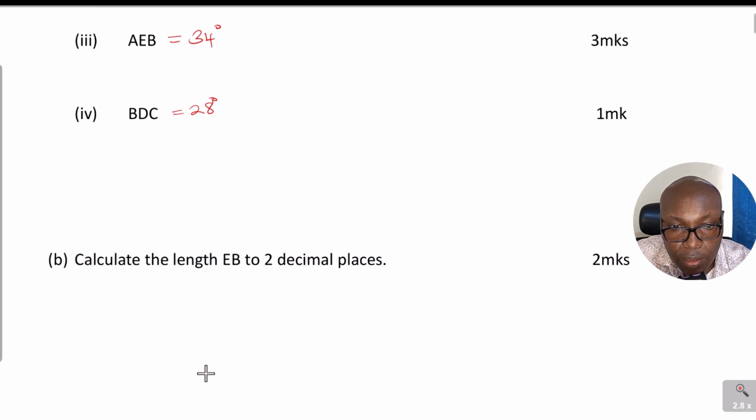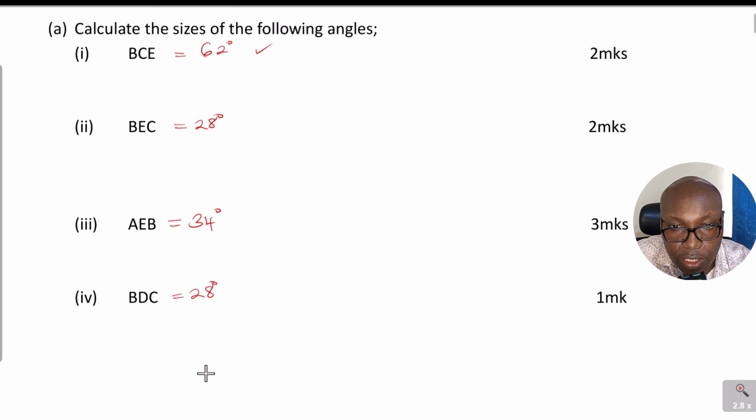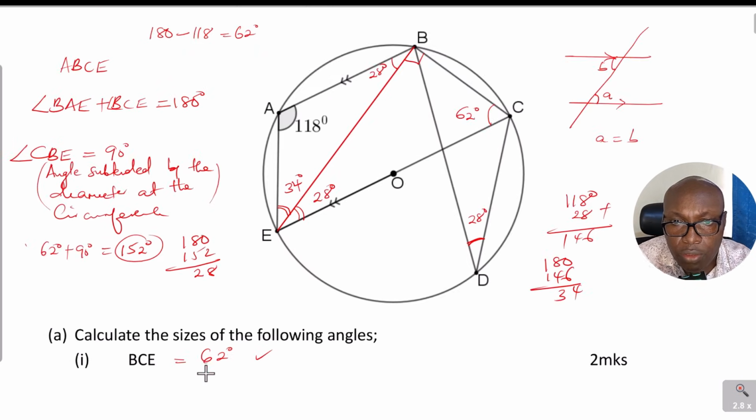Calculate the length EB correct to 2 decimal places. So look at EB. When you look at EB, you notice, as I've indicated here, that there's a right angle triangle formed here. So this is a right angle triangle EBC.